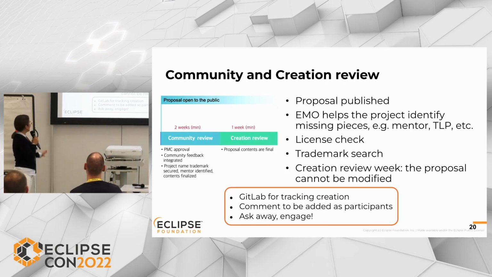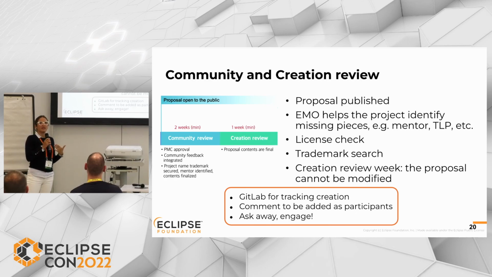So once this is done, community review period starts, and we gather all the requirements that are missing to get ready for the project creation, right? So missing pieces, license check, trademark check, I already talked a little bit about this. We need to wait a couple of weeks.